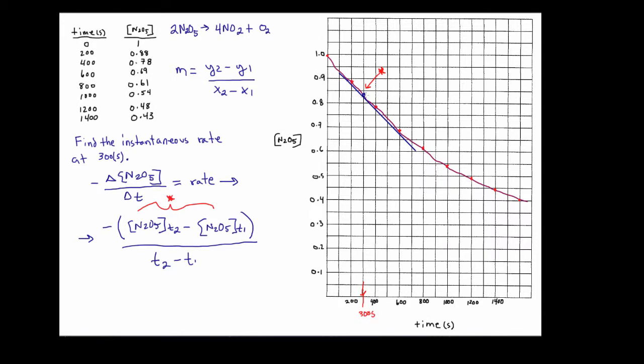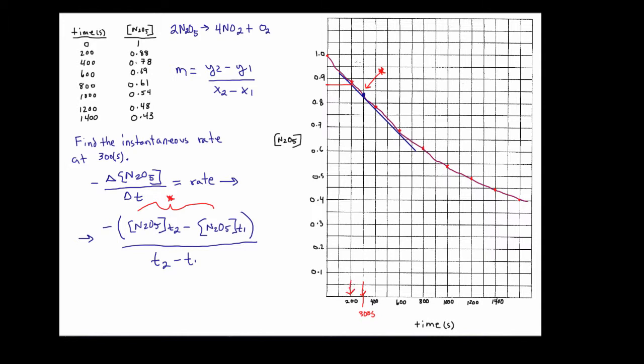So now that we've established the tangent, all we need to do to find the rate right here is get the slope of this tangent line. And the 2 points that I've selected to do that are going to be here. So I'll bring this over and I'll indicate this point down here with an arrow.